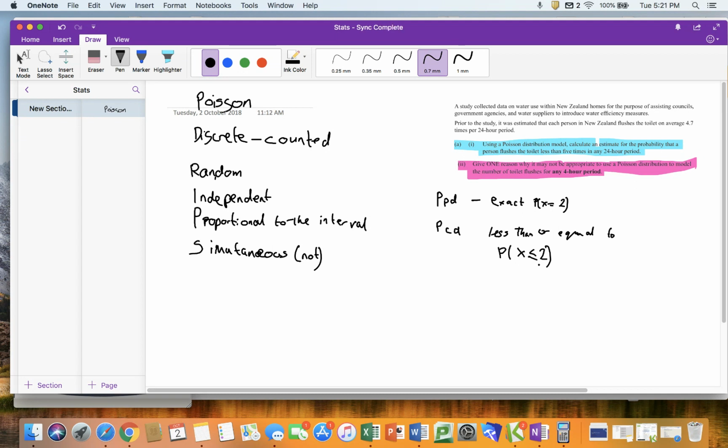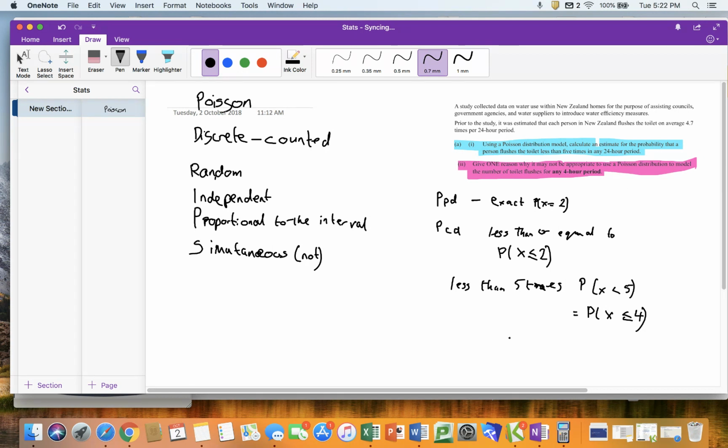So if I go back to my question, which is up here, it says, using the probability model, calculate the estimate that the person flushed the toilet less than 5 times. So if I wrote that as a probability, X is less than 5, which is the same as the probability X is less than or equal to 4, because those are the same event.